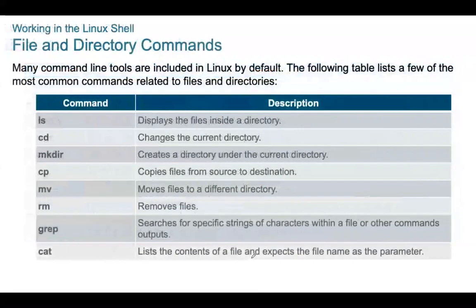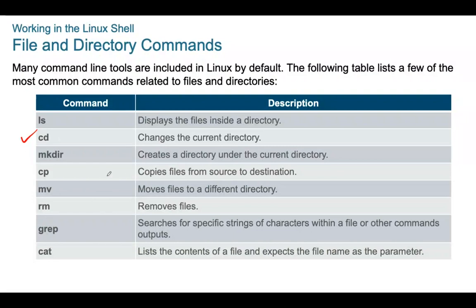And then let's talk about the file and directory commands, which are very frequently used in network analysis. First, to list out the different files in a directory, we use the ls command. If you want to change directories, we use the cd command, change directory.